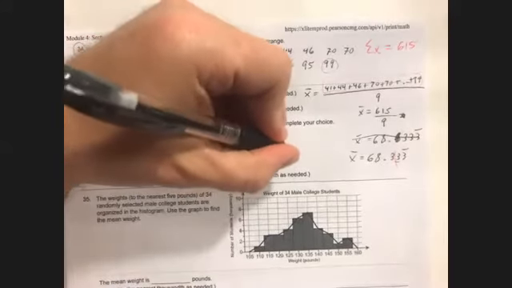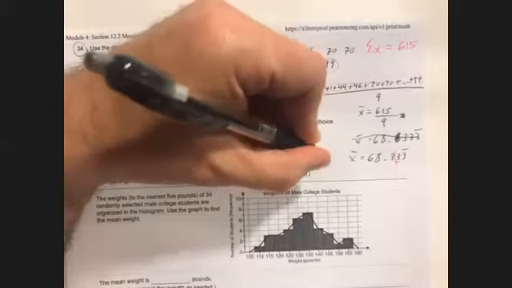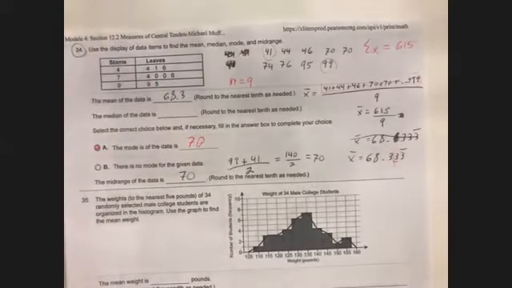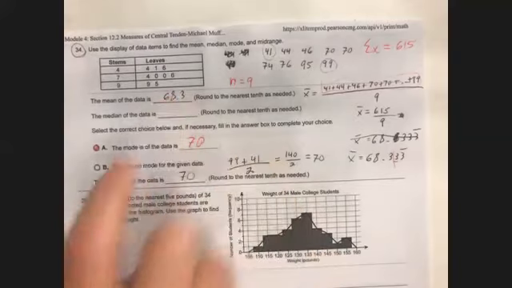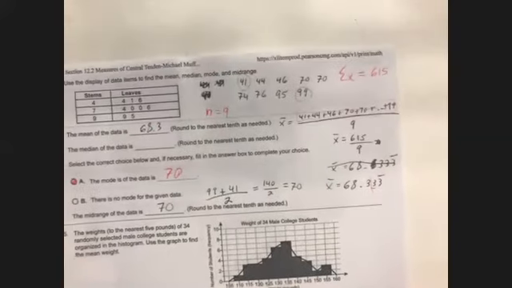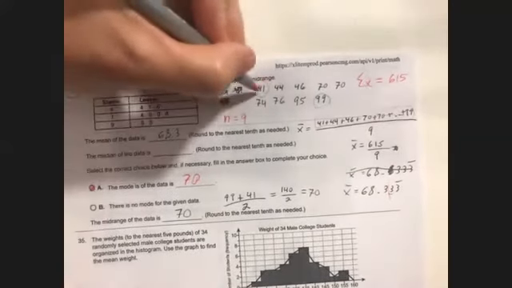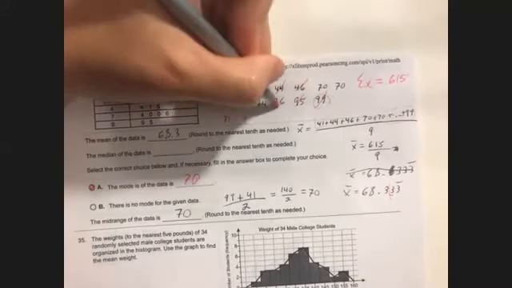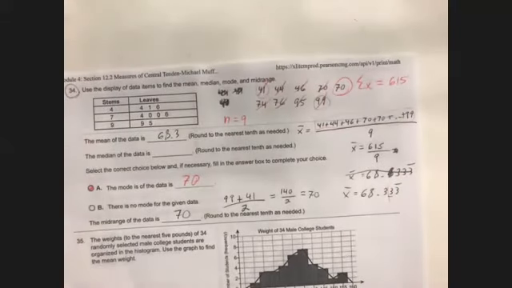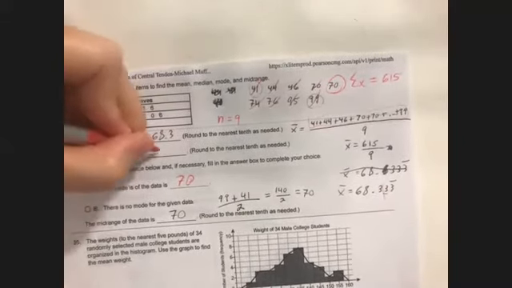So I got 140 over 2, which is 70. All right. So let's see what happens when we look for the median. So I'm going to cross these out in pairs. Since my n was 9, it's the middle term, 70.